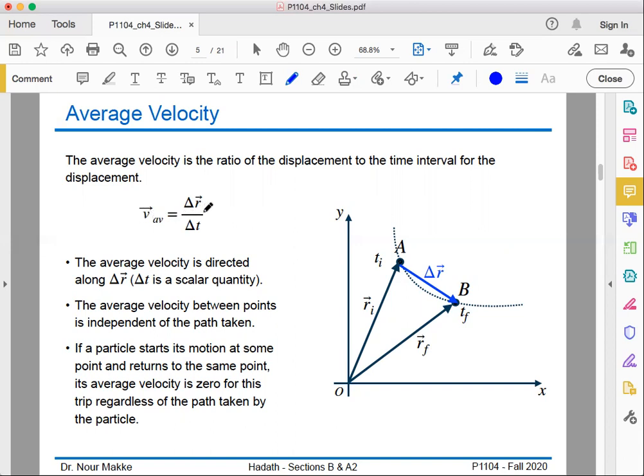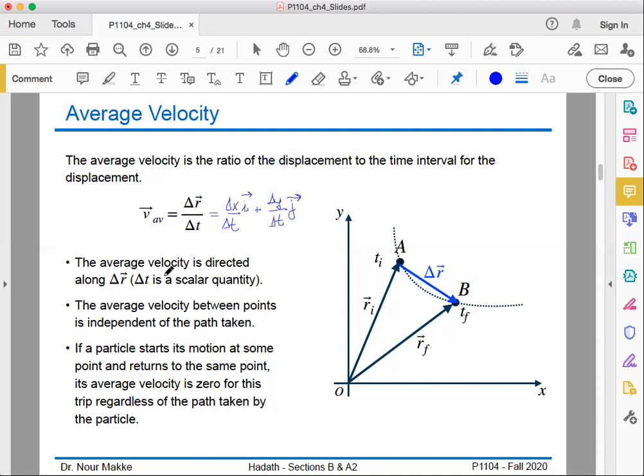This means that the V average is equal to delta X over delta T i plus delta Y over delta T j. And so as you can see, the direction of V average is the same as the direction of delta R because you have the same delta X i plus delta Y j in the expression of V average.